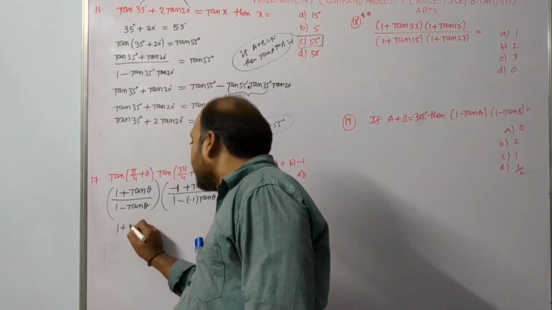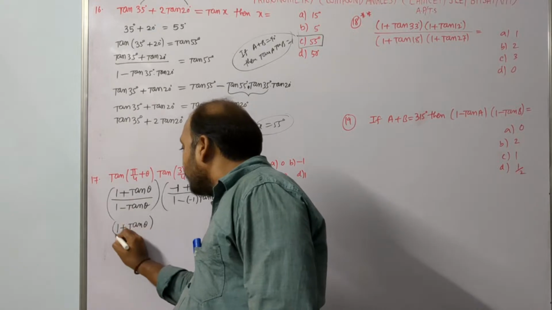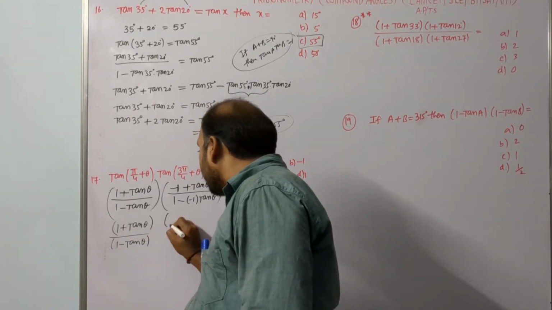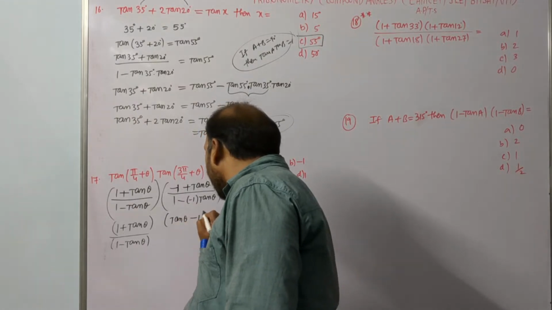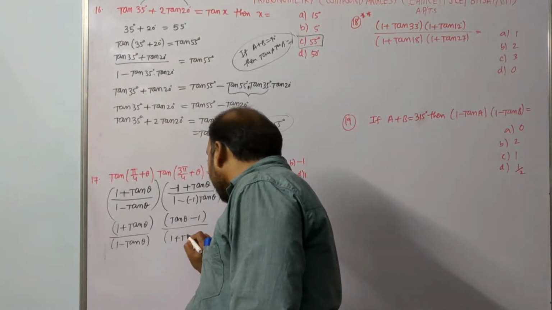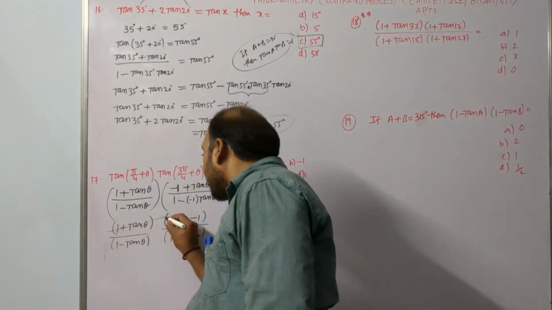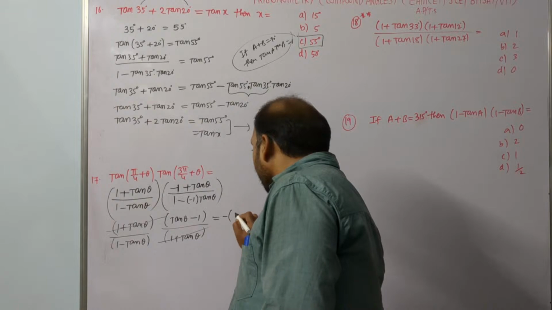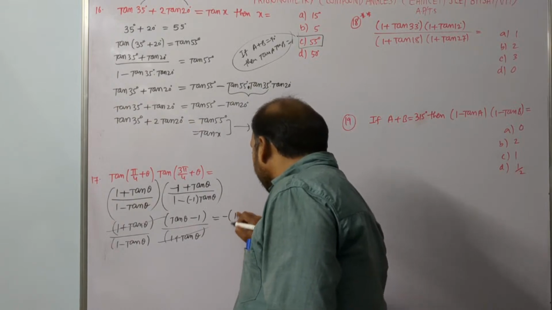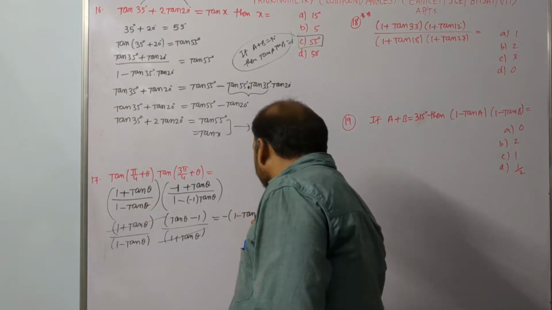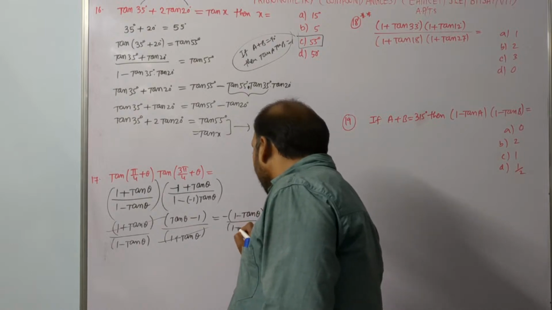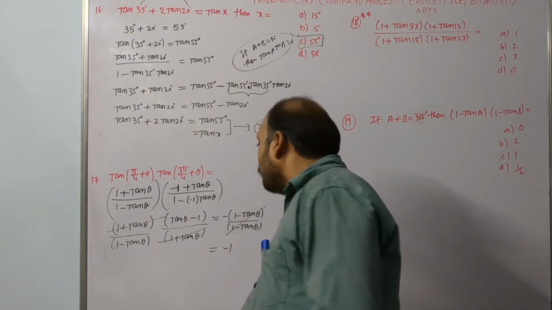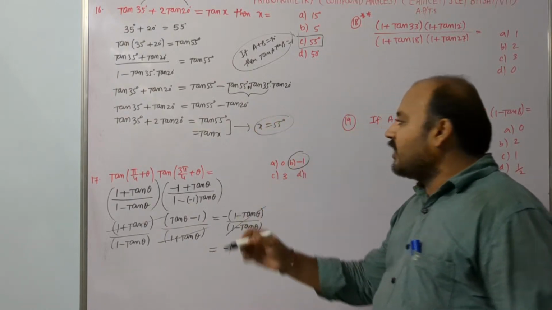Be aware, dear students, whenever 135 is there, this we can write as tan theta minus 1 by 1 plus tan theta. So 1 plus tan theta, 1 plus tan theta get cancelled. If we take minus common from here, minus of 1 minus tan theta divided by 1 minus tan theta. You can cancel these two, which is equal to minus 1. So minus 1 is our answer.